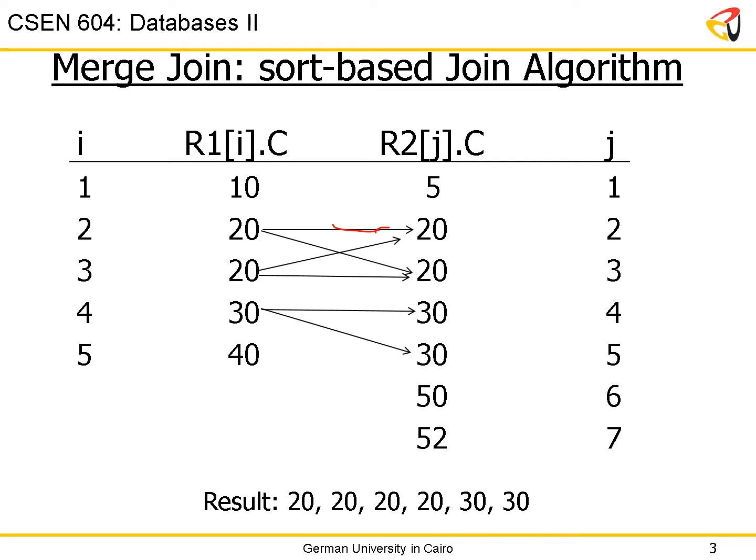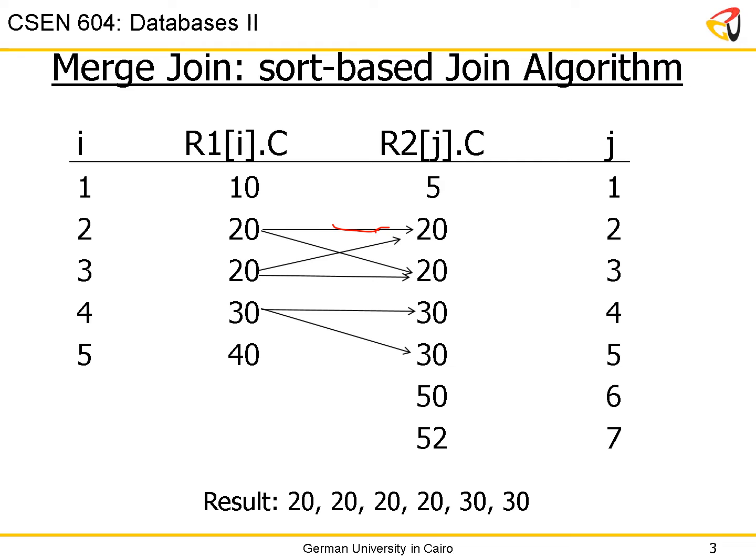What we're going to do is have these pointers I and j that are both initialized to 1. As you see, I values go from 1 to 5, and j values in the rightmost column go from 1 to 7. I goes from 1 to 5 because we have 5 rows in R1, and j goes from 1 to 7 because we have 7 rows in R2.